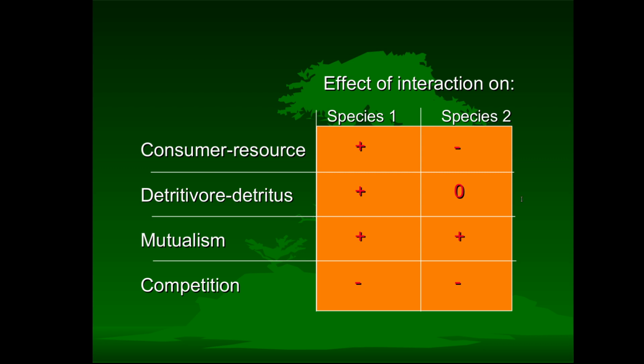And keep in mind here that the actual functional relationships within these interactions do not define them, rather, only the effect on fitness. So you can call it anything you want, but it's going to be a plus-minus interaction in this top row. Doesn't matter what you call it, it's a plus-minus interaction. And this is a plus-zero interaction, plus-plus and minus-minus.